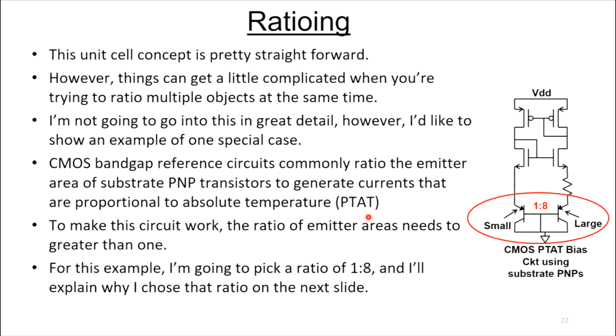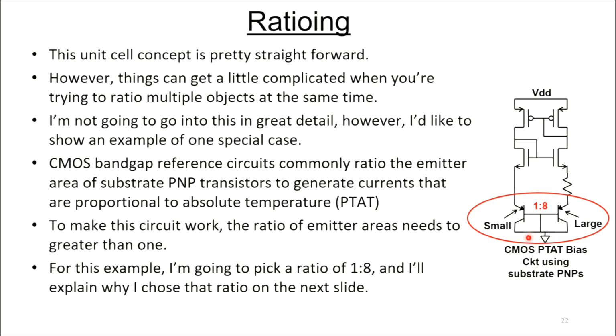By the way, that's what PTAT stands for. So when you hear designers talk about PTAT, they're talking about a current or voltage that is proportional to temperature; it rises with temperature.